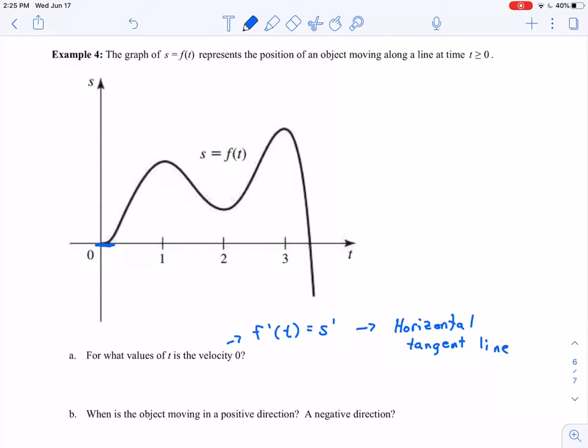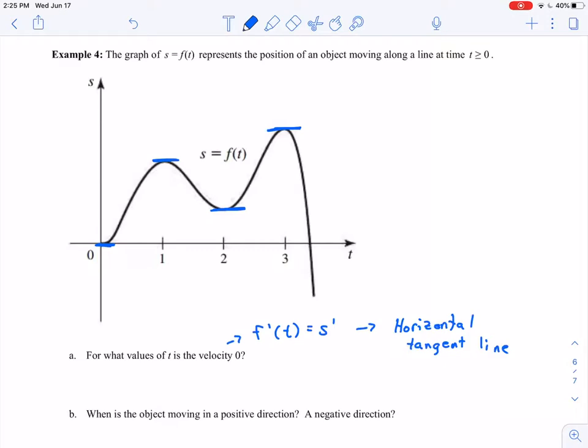Where else do I have a horizontal tangent line? It looks like right here at positive 1 I have a horizontal tangent line. At t equals 2 I see a horizontal tangent line. And at t equals 3 it looks like I have another horizontal tangent line.